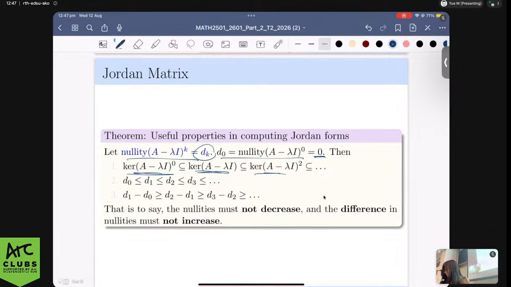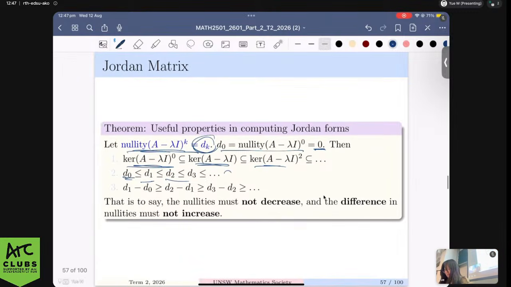And then because you denote your dk to be equal to this, you can write d naught is less or equal to d1 and continue that there. And this is basically a consequence of that. You can just take the difference between each respective dk and say that this is true. So what you should note here is that the nullities must not decrease and the difference in nullities must also not increase.